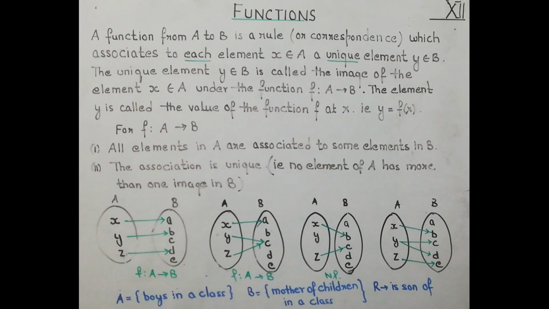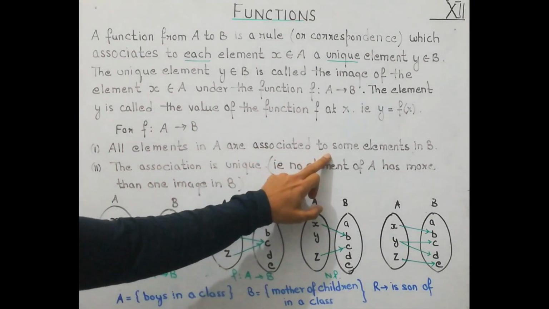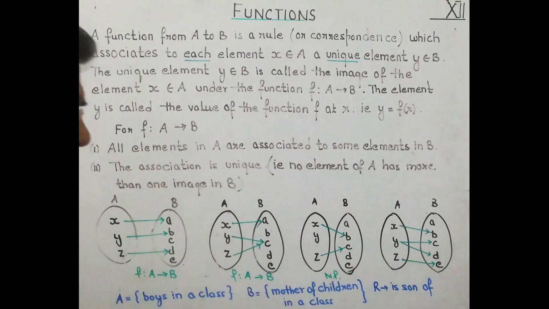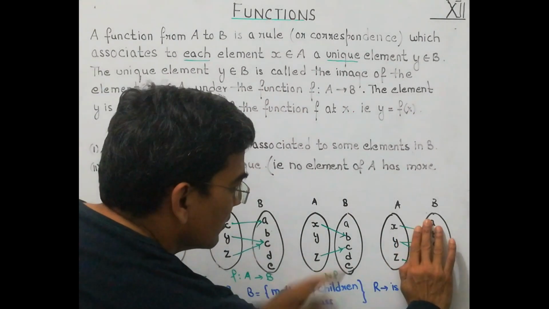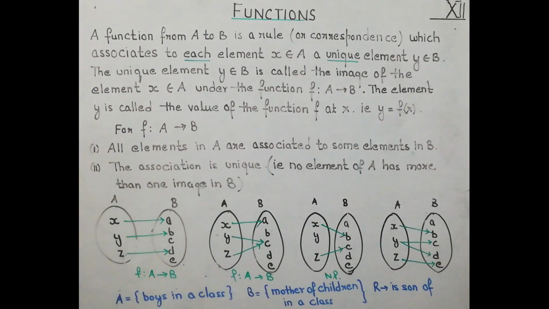Now see the fourth one. The first condition has been fulfilled. All elements in A are associated to some elements in B. If you leave out this one, all elements are associated. So the first condition is fulfilled. But what about the second?